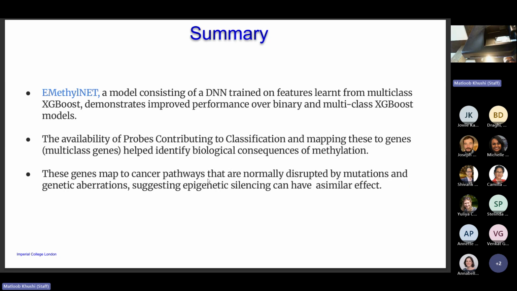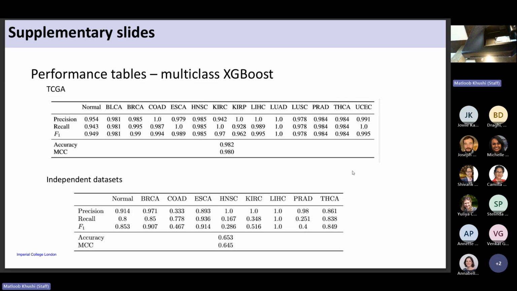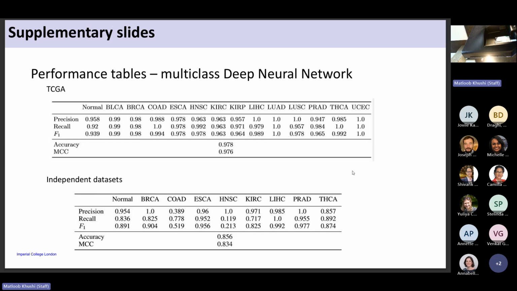These genes map to cancer pathways that are normally disrupted by mutations, suggesting that epigenetic silencing can have a similar effect. So these are the performance tables. Again, I'm not going to dwell on them too much.